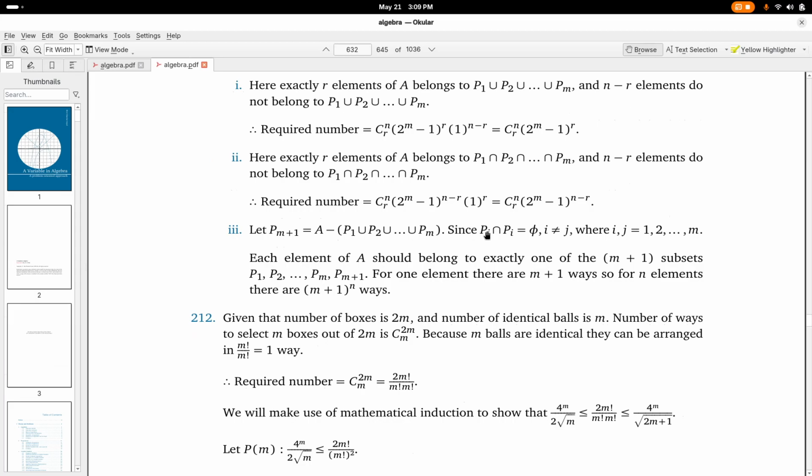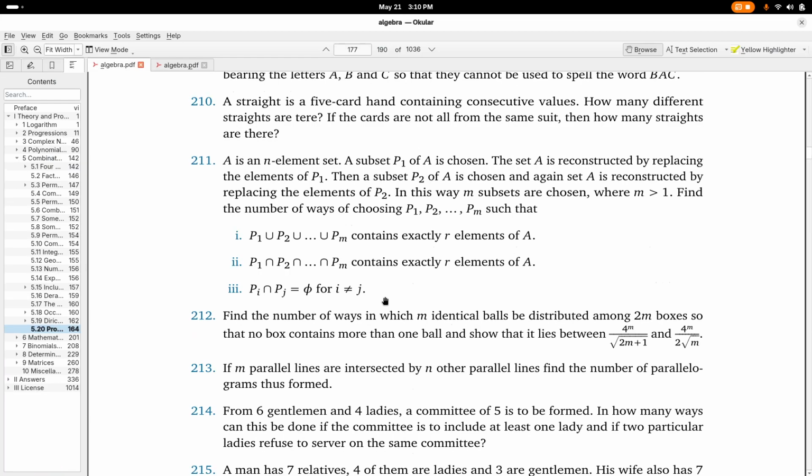Since Pi intersection Pj is empty for i not equal to j, each element of A should belong to exactly one of the m plus 1 subsets P1, P2 through Pm plus 1. For one element, there are m plus 1 ways. So for n elements, there are (m plus 1) to the power n ways. So that is our question number 211.